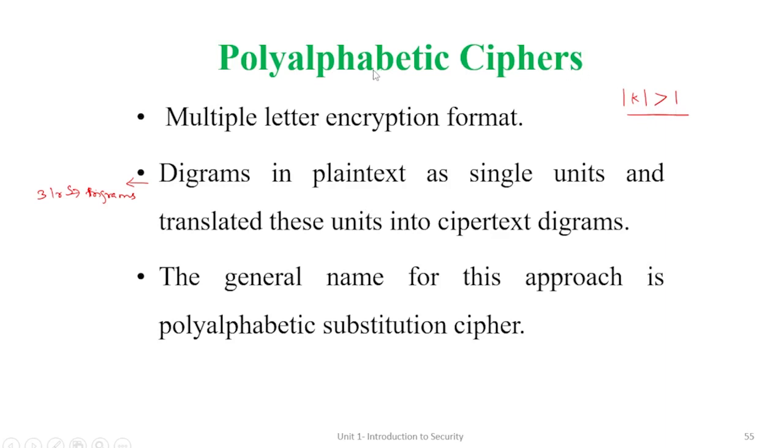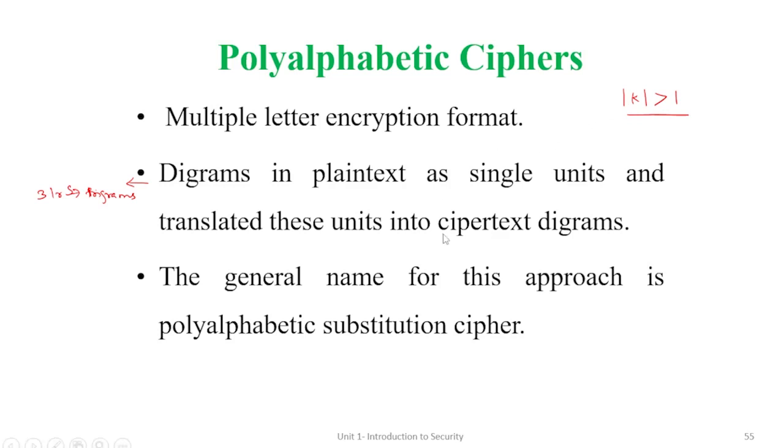If you go for a monoalphabetic cipher, two techniques are available. One is the Caesar cipher and another is the affine cipher. In those two encryption algorithms, we were only using a key length of 1. That is, only one letter is treated as a key.